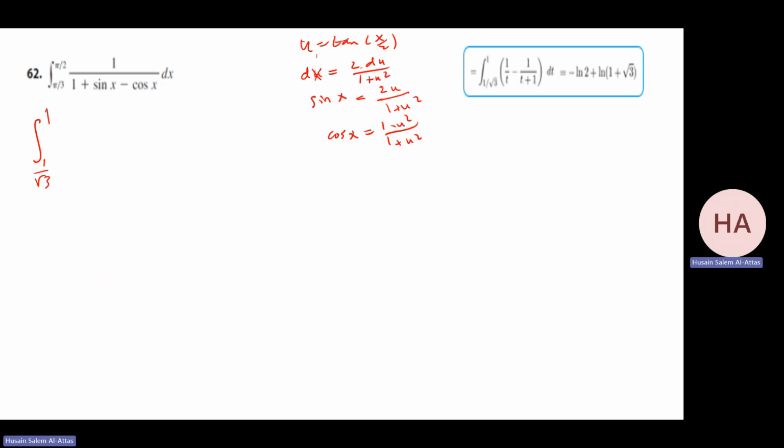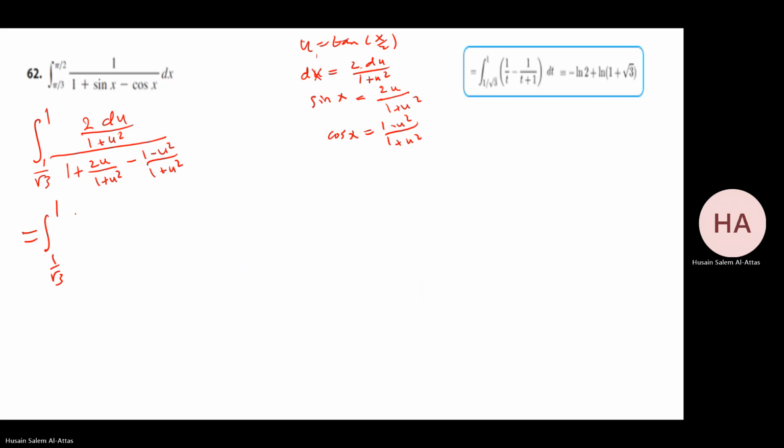Okay. dx is what? 2 du over 1 plus u square, over 1 plus 2u over 1 plus u square minus 1 minus u square over 1 plus u square. Let me do this one. I need 2u over 1 plus u square, over 1 plus u square plus 2u minus 1 plus u square, over 1 plus u square.